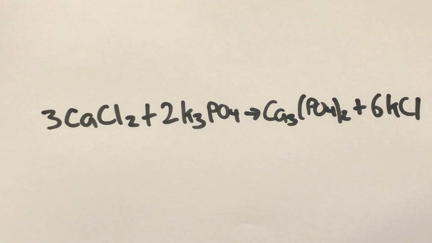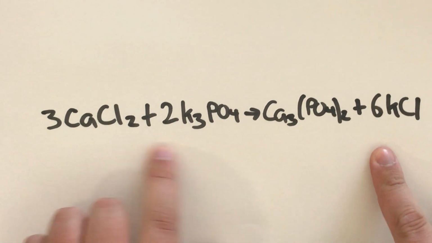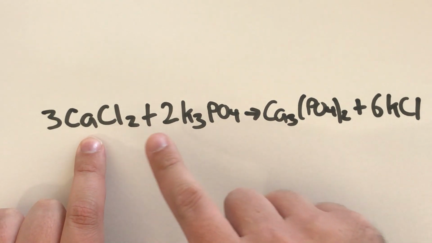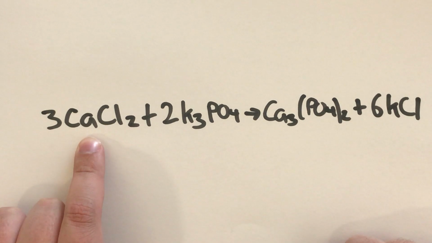So that now is our balanced equation from when we react calcium chloride with potassium phosphate.